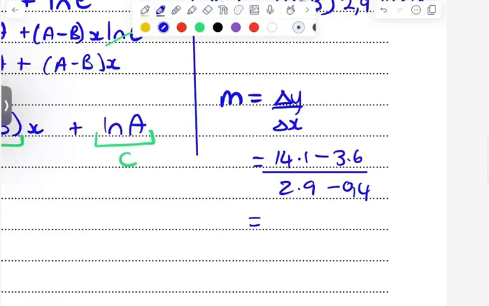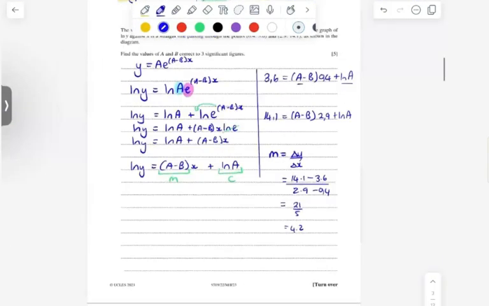And that gives me 21 over 5, or an answer of 4.2. Okay, I think that's actually going to make life quite a bit more simple, because this is now equal to my a minus b value, because that is my gradient if I look at my formulas.